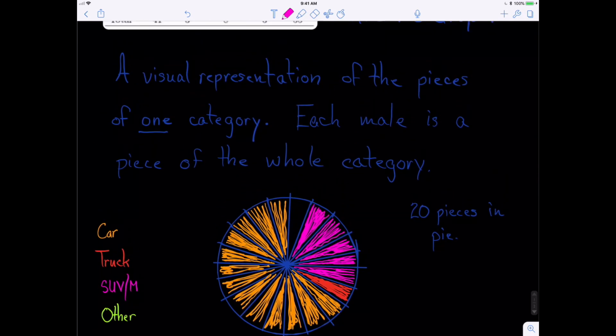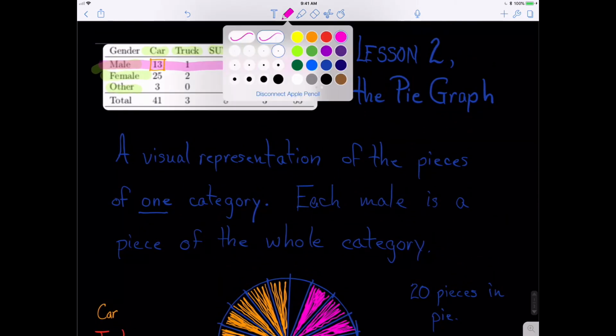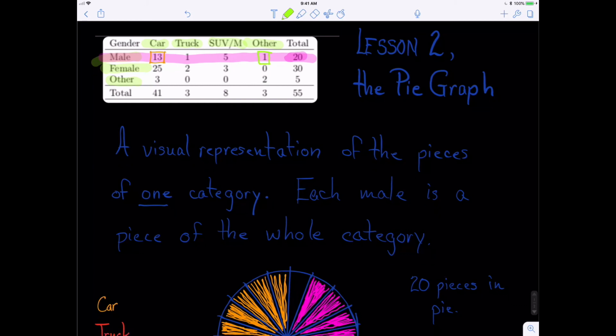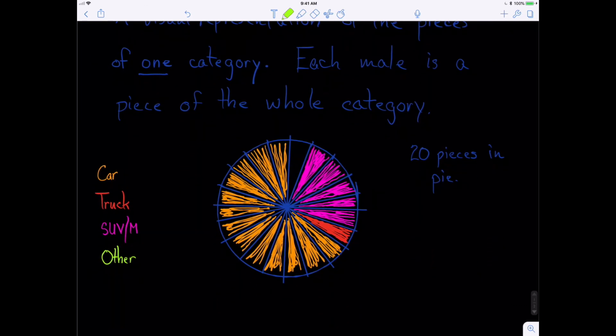Let's go check. If we come up here, is there light green, and look at that, there it is. There is the one male that used other forms of transportation. Maybe that male walked or took the bus, carpooled, or rode a bicycle.